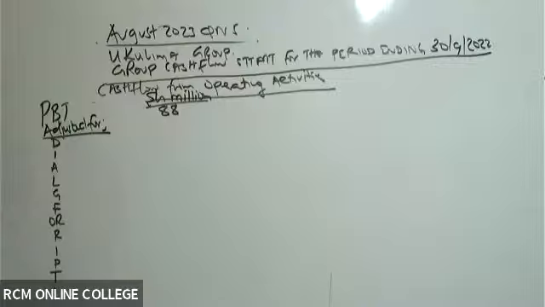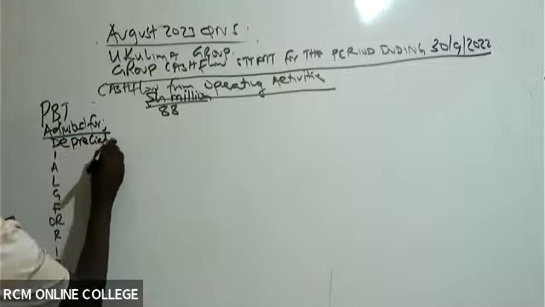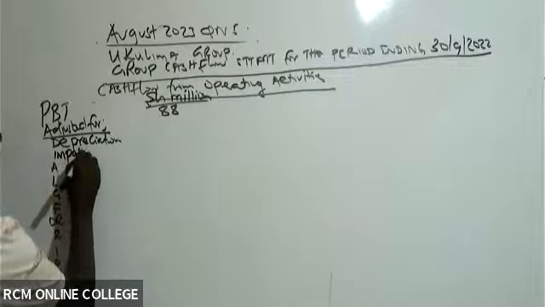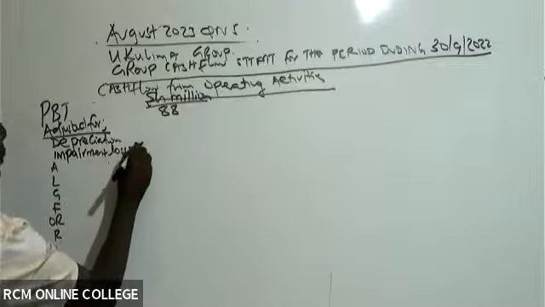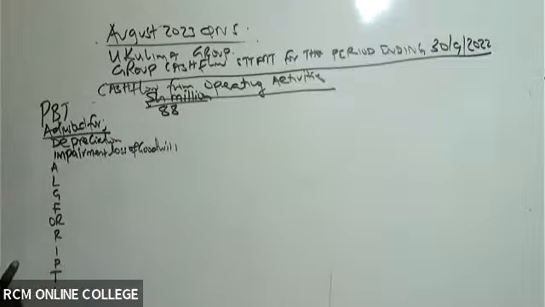Whenever you're looking at the indirect method, you remember this. For the direct method, you can't use this acronym. So the first D stands for what here? Depreciation. Here we have impairment loss of goodwill.